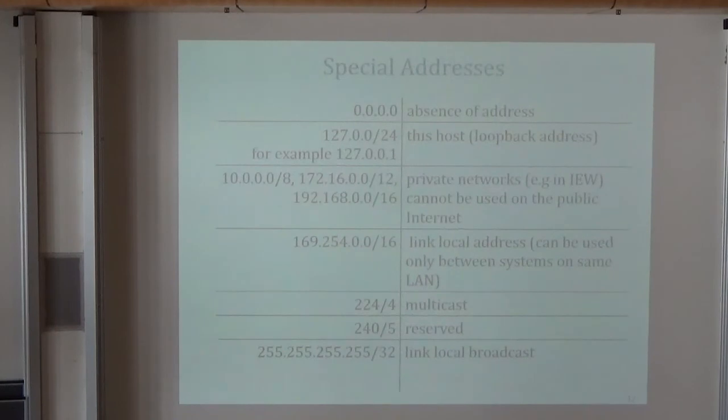Then there are other addresses that you probably have seen a lot that are the so-called private addresses. There are three blocks, a block of 8-bit prefix, the 10 block, the 172.16 of 12 bits, so the first 12 bits of this, and the 192.168. Those four blocks are private addresses.